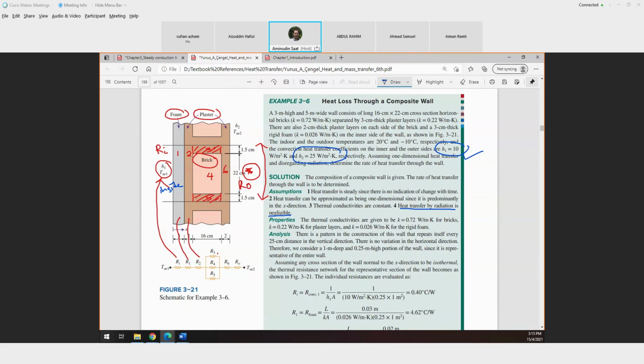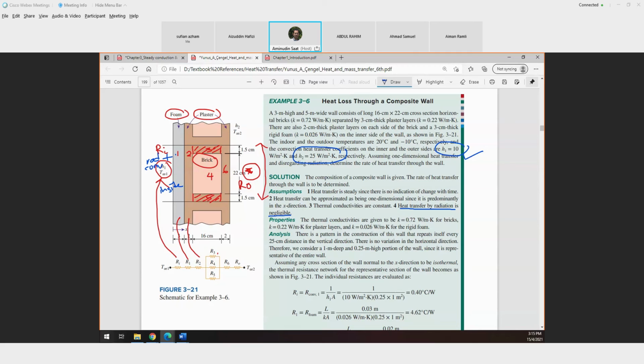So actually you should consider radiation in this part. You should consider radiation plus convection in this part. But here they just simply say that the heat transfer by radiation is negligible. That is also acceptable, because you want to concentrate on the effect of the convection.